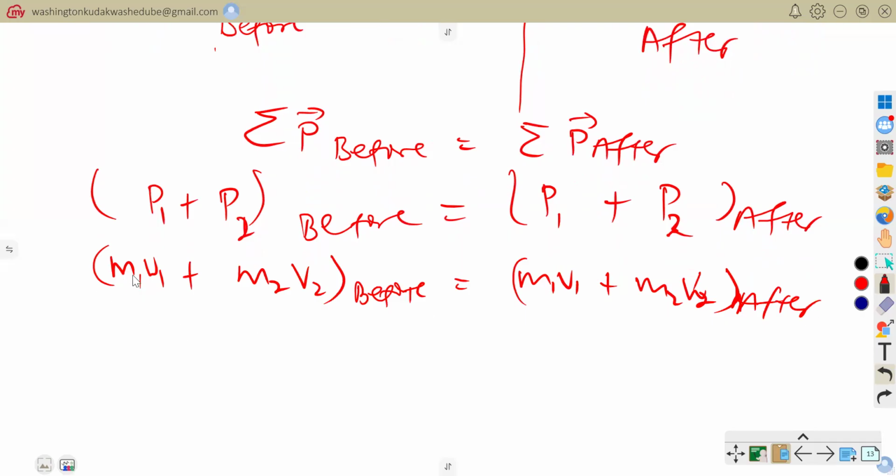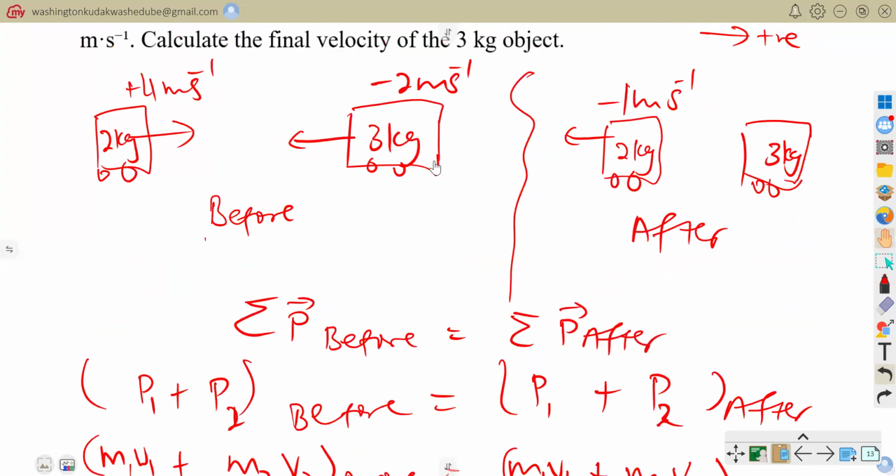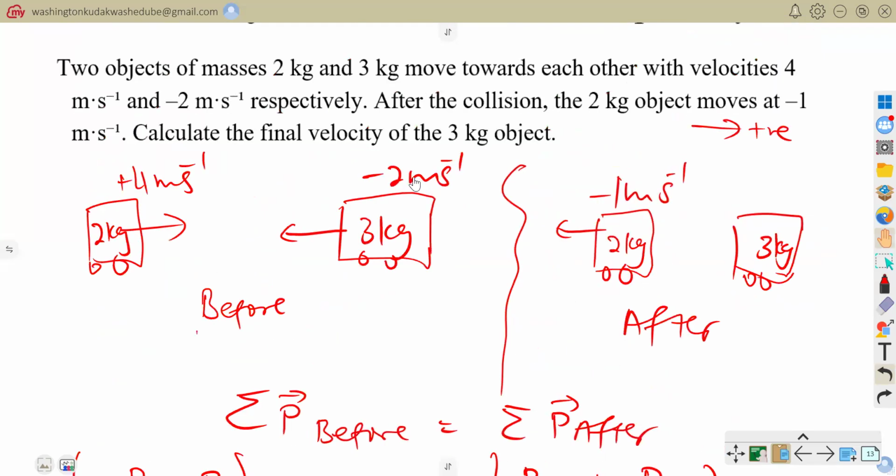What is the mass of object 1? That is 2 kg. And the velocity of object 1 is 4 meters per second. Plus, the mass of object 2 is 3 kg times a velocity of negative 2, because it's going in the negative direction.